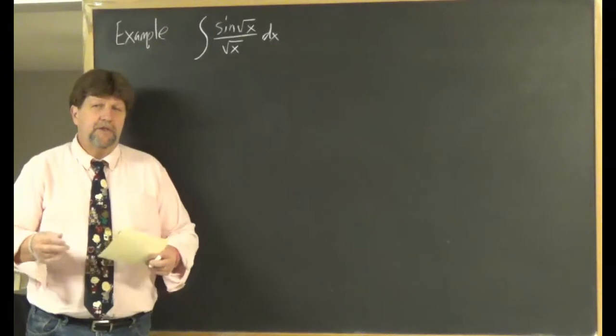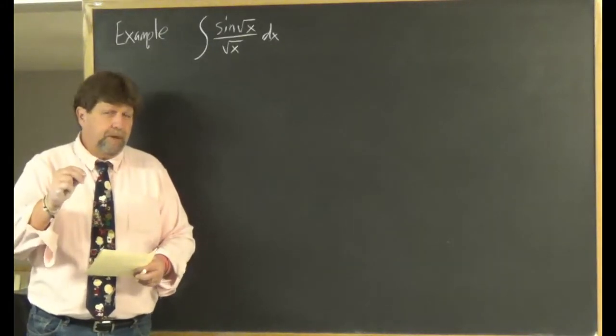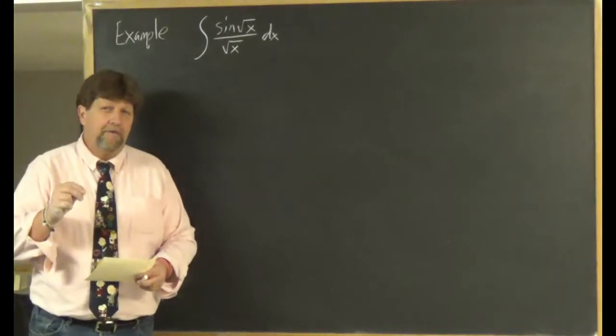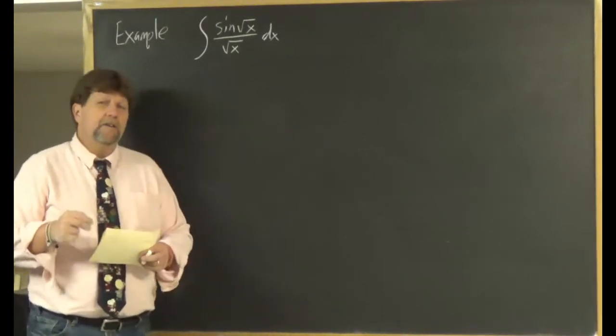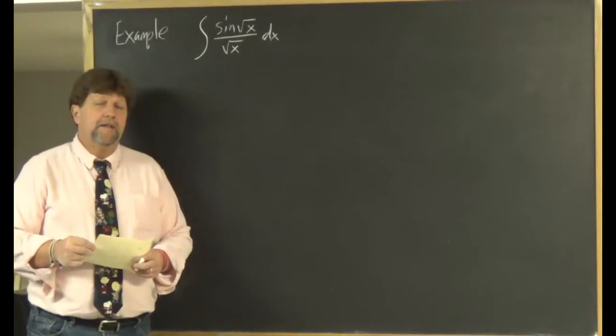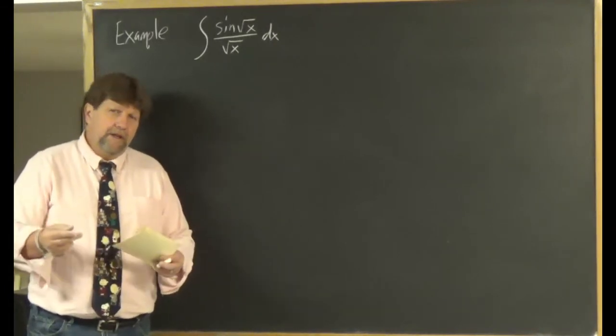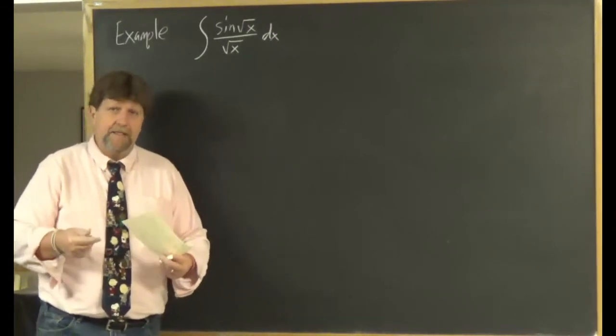Alright, this next one is just an example, but actually it's going to be very important for number 57. I thought we would just integrate sine square root x over square root x dx. So I look at this and I immediately think, a basic u sub.